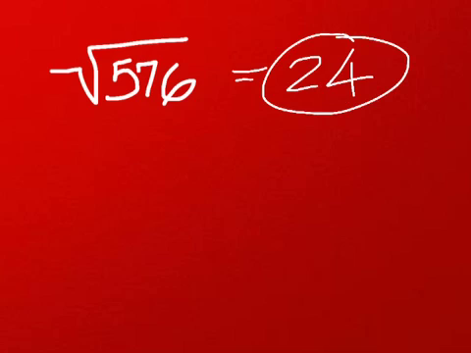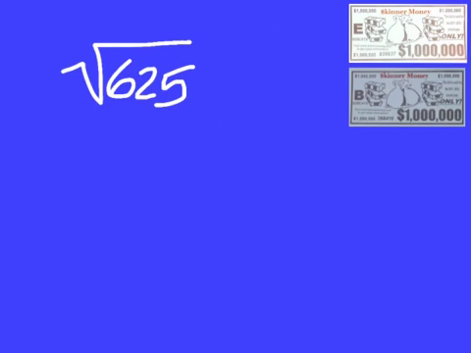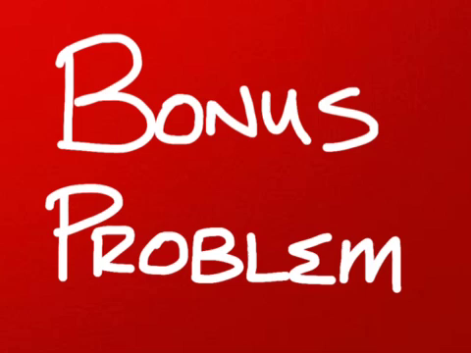Another bonus problem. What is the square root of 576? The answer should be 24. Everybody that brought one up, come and get 3 million. Practice problem number 2. What is the square root of 625? The solution for the practice problem should be 25.